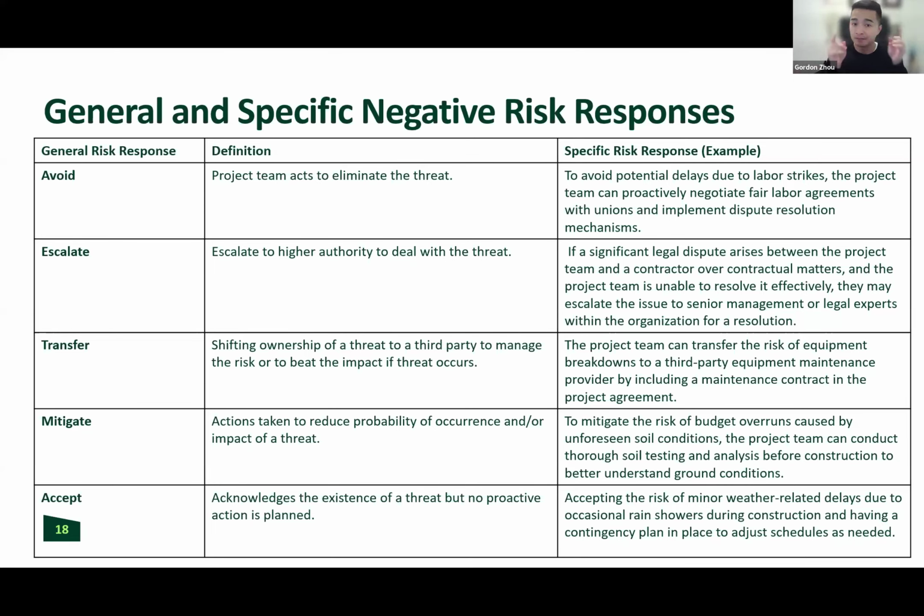Sure, you can have more than one, but don't forget, risk responses are not free. Nothing is free. If you're going to transfer the risk by buying insurance and you're going to have a safety program and a tie off, it's going to come at a cost. So for us as project managers, it's always a balancing act. What is enough? What is sufficient?